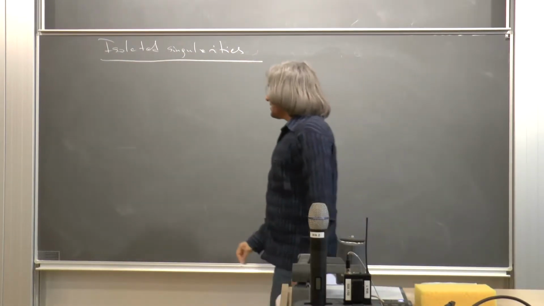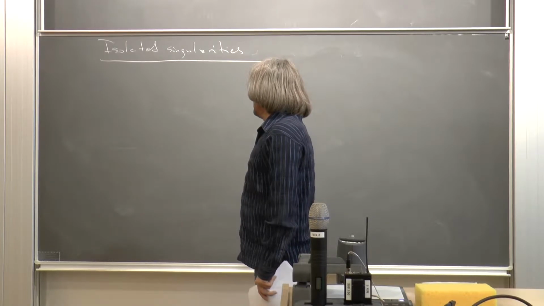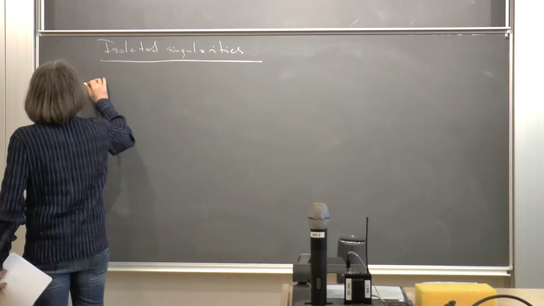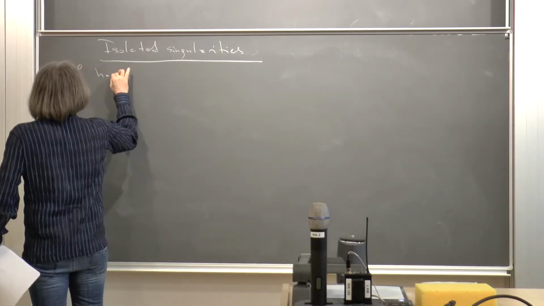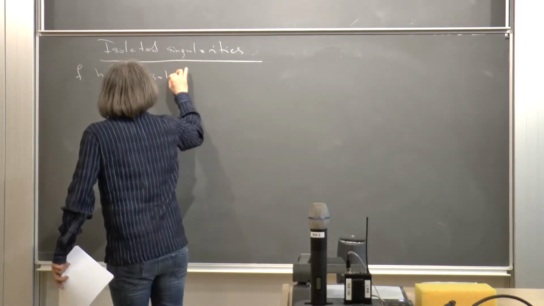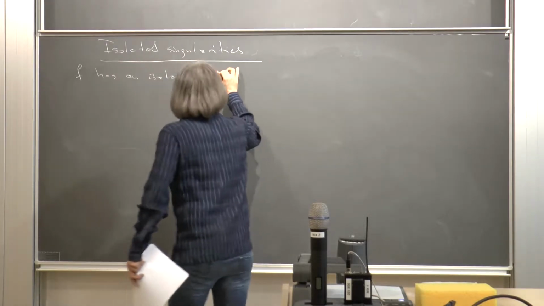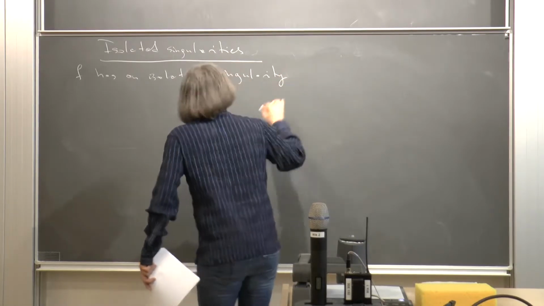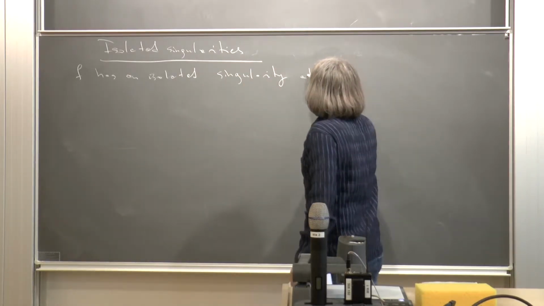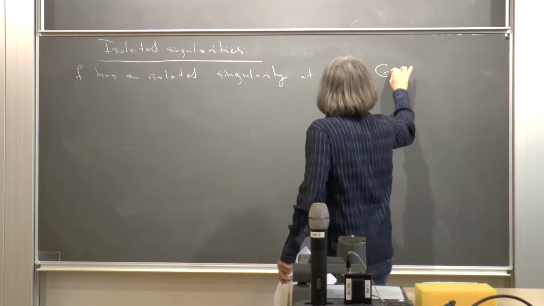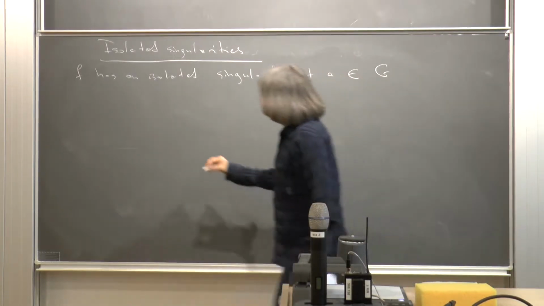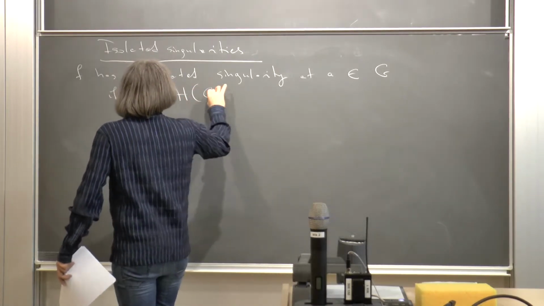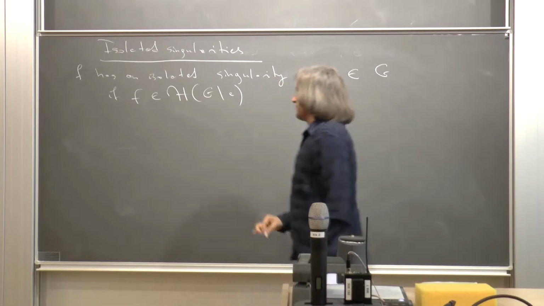So basically, we say that f has an isolated singularity at a, which is a point in the domain, if f is holomorphic everywhere in G, but possibly at this point.